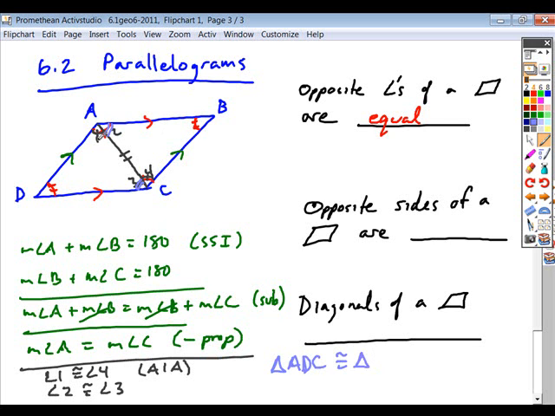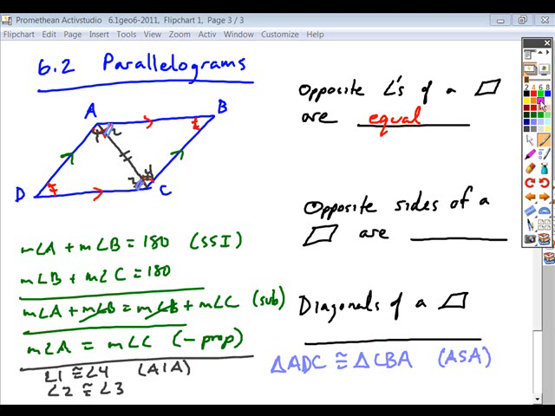This angle 1 corresponds with angle 4, so that's point C. Okay. Angle D is this angle with two tick marks, so that corresponds to B. And then angle C down here, angle 3 corresponds with this alternate interior angle 2, which is point A. So by ASA, we're able to establish that these two triangles are congruent.